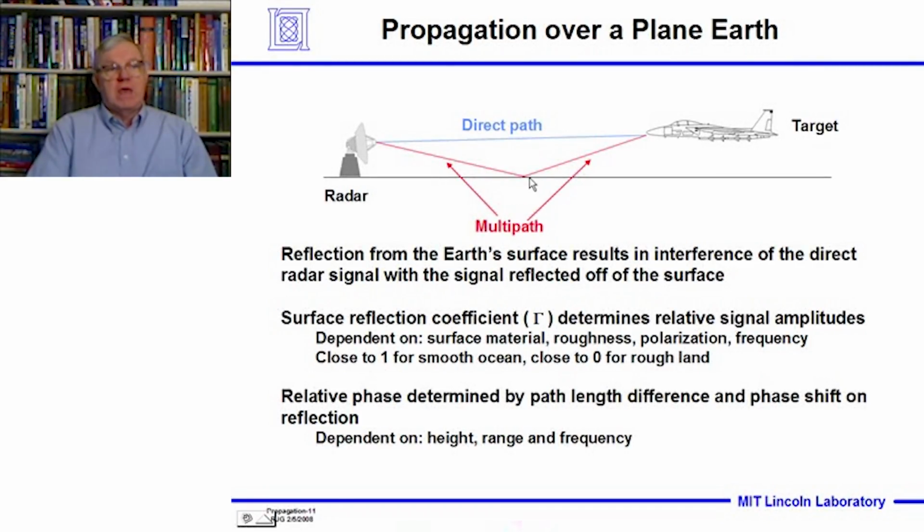So the relative phase that we want to look at between the direct path and the multipath is dependent upon the path length difference and the phase shift on reflection. And in turn, these are dependent on the geometry, which are the height, the range, and also the frequency of the radar, which will tell us how many wavelengths are different between one and another.